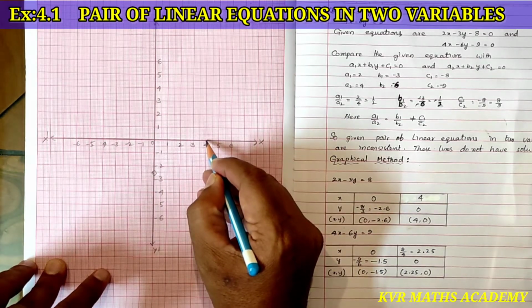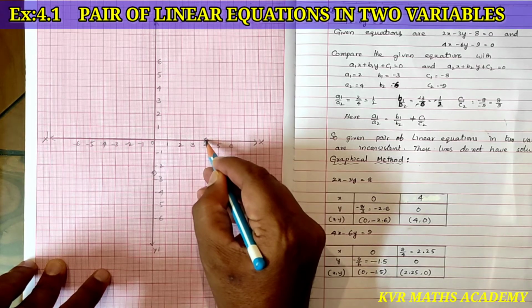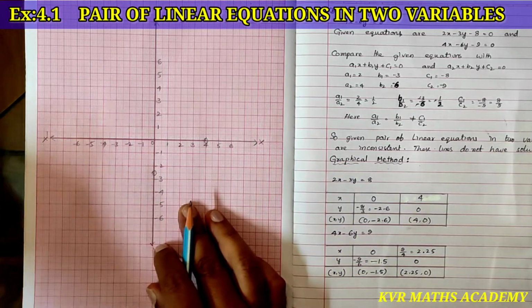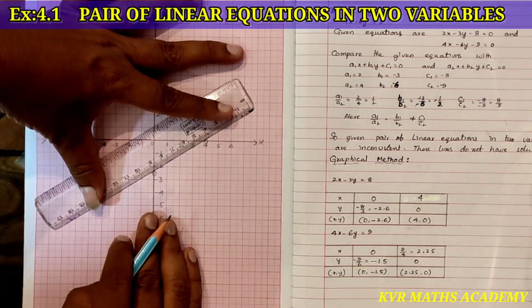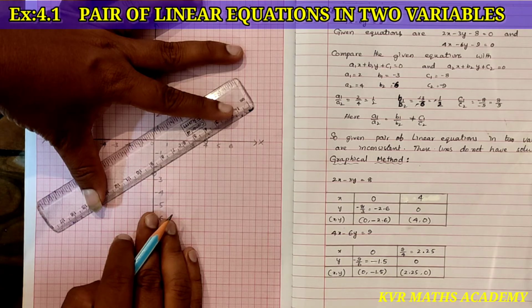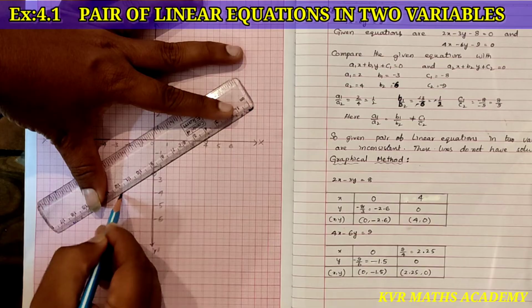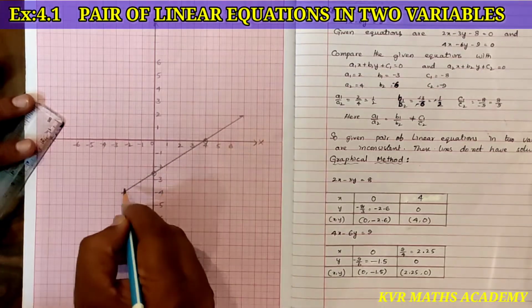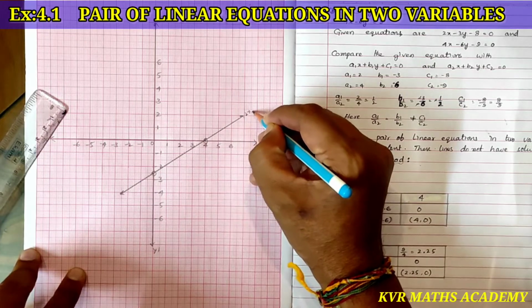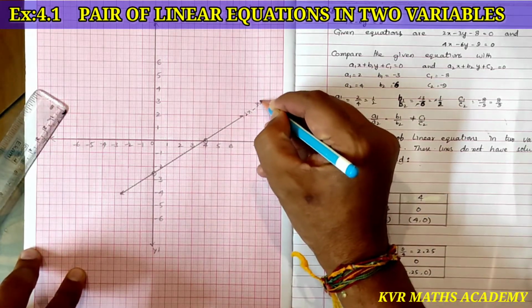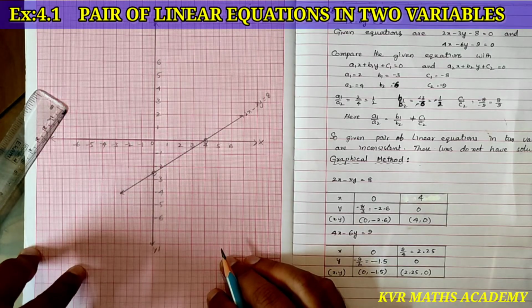X is 4 and y is 0, so this point will be on the x axis. Let us join these 2 points. Yes, this line is 2x minus 3y is equal to 8.